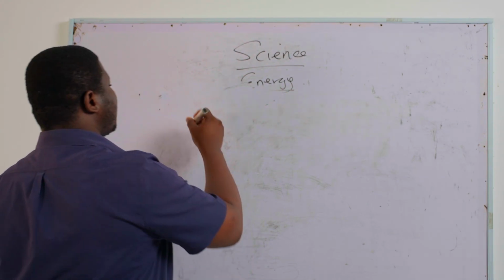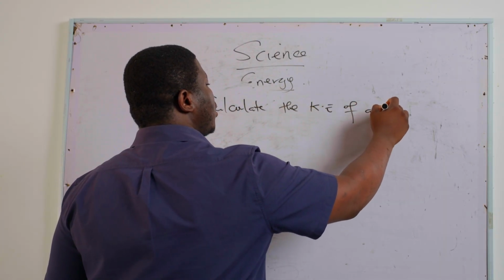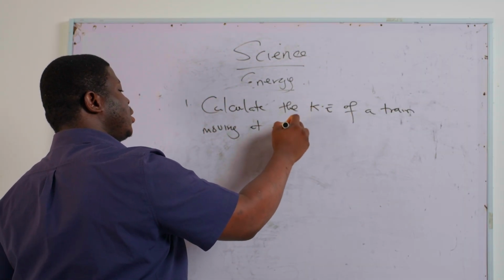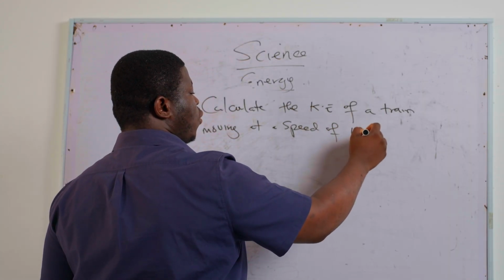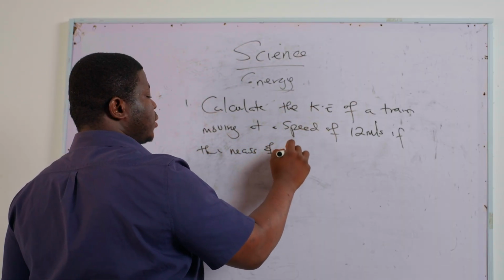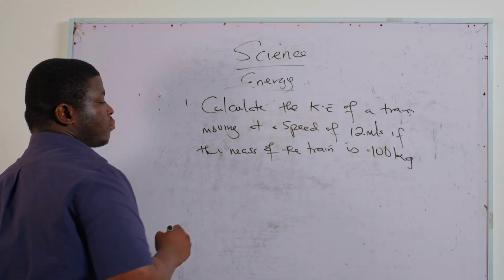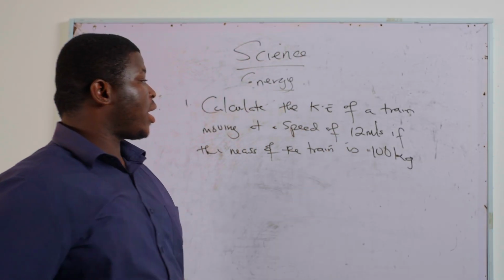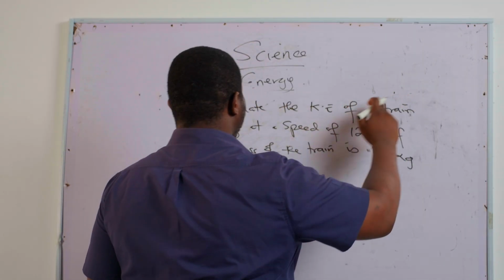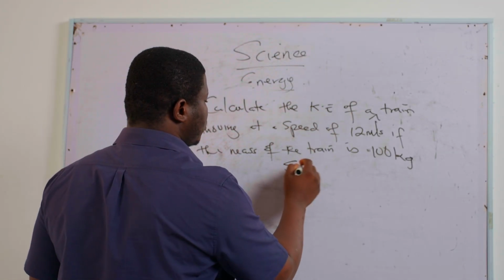So for kinetic energy, a typical example: calculate the kinetic energy of a train moving at a speed of, let's say, 12 meter per second, if the mass of the train is 100 kilograms. So here we come to our solution.